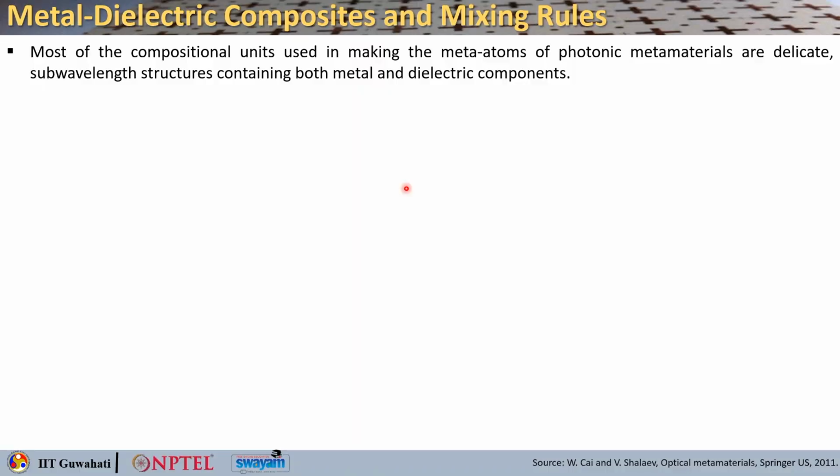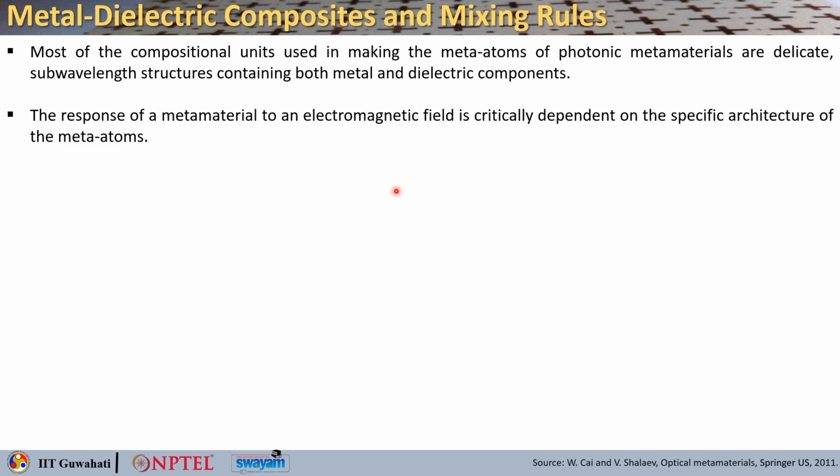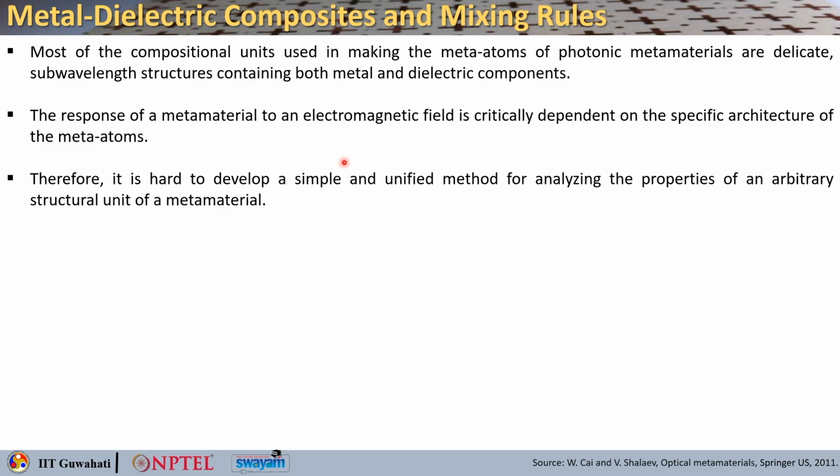Most of the compositional units used in making the metaatoms of photonic metamaterials are delicate subwavelength structures, and they contain both metal and dielectric components. The response of this metamaterial to any electromagnetic field depends on the specific architecture of these metaatoms.